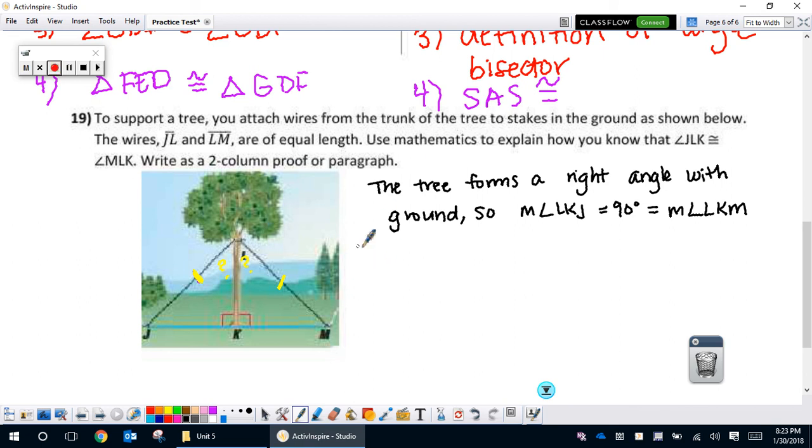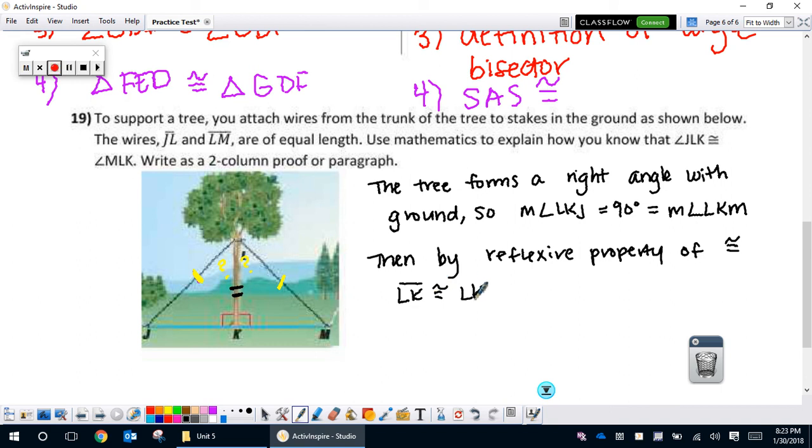Okay. Then, right here, the tree trunk is congruent to the tree trunk. So by the reflexive property of congruence, and I'm just going to use the congruence symbol, segment LK is congruent to LK.